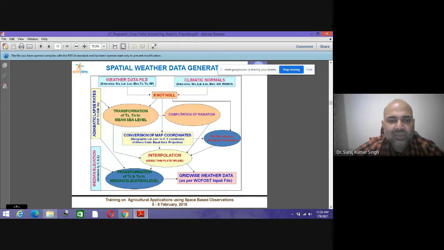And finally, using different algorithms in ArcGIS and in different software, you can create spatial weather forecasting data where we can say about the various weather transformations, what the condition is in these data sets, and all the data sets will be combined together to create a grid-wise weather data.